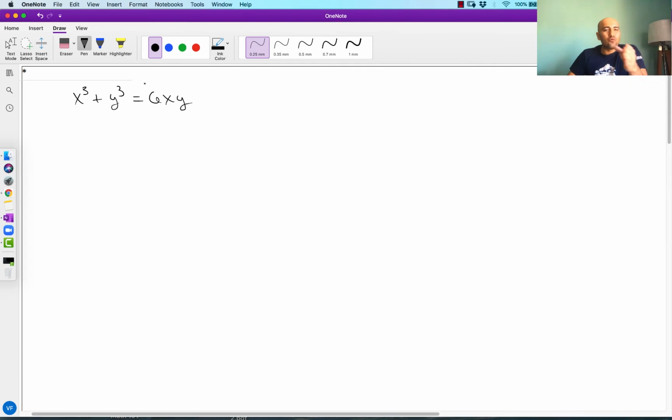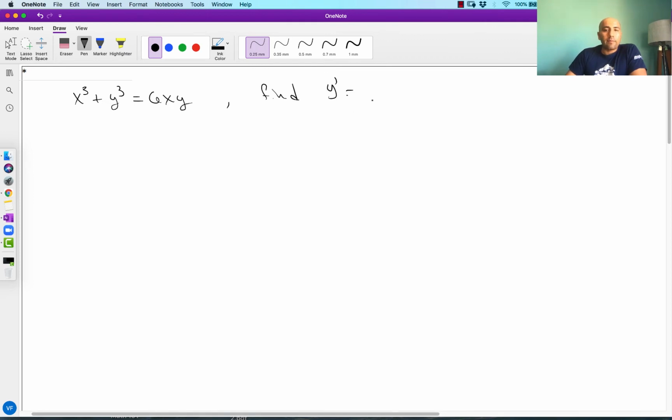We can't just move the x cubed to the other side, because then we'd have a minus 6xy, and it's just hard, right? So it's really difficult. It is possible in this case, but it's really, really difficult, way beyond the scope of our class to be able to figure out how to do it. But we can find y prime. So, comma, find y prime.